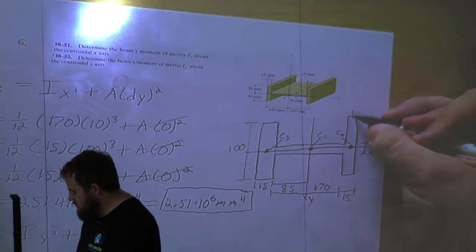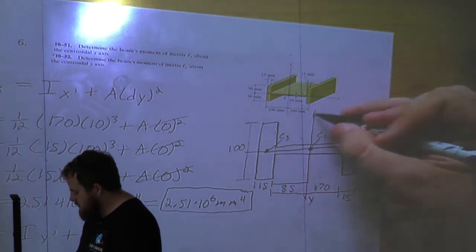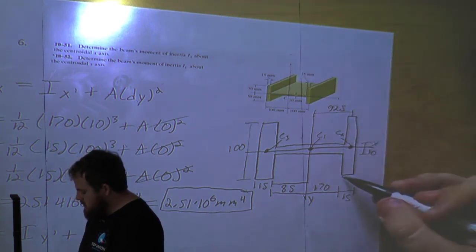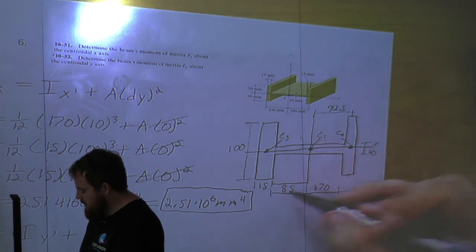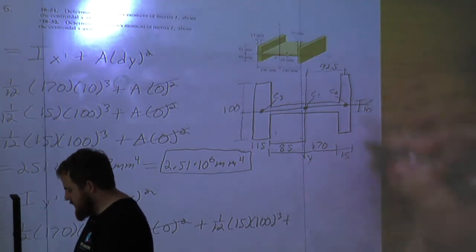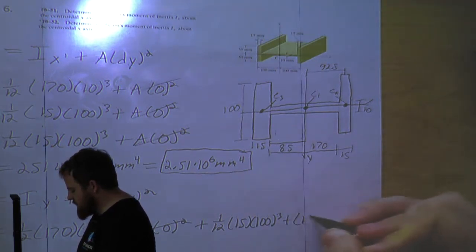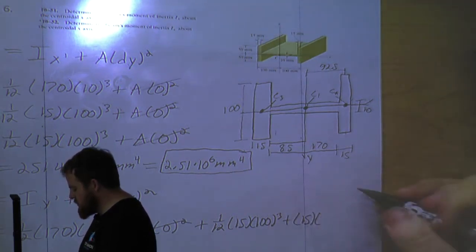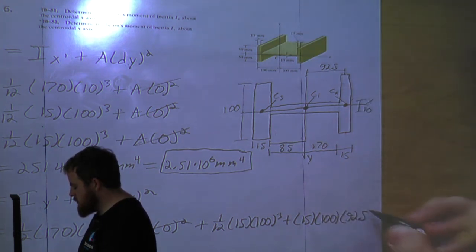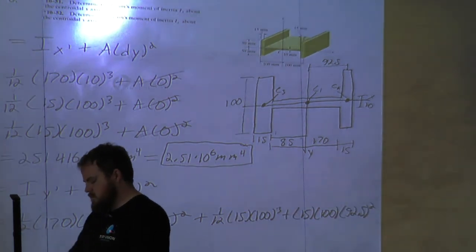That's the distance from this centroid to here, because this is 7.5 plus 85. Right? So now let's find the area. That's just going to be 15 times 100 times 92.5 squared. Okay?